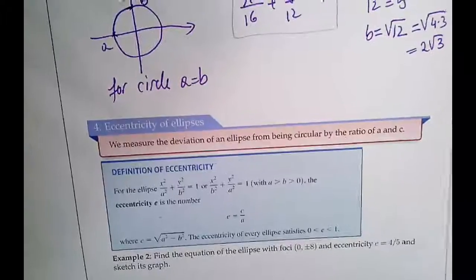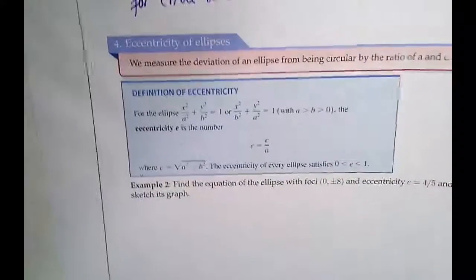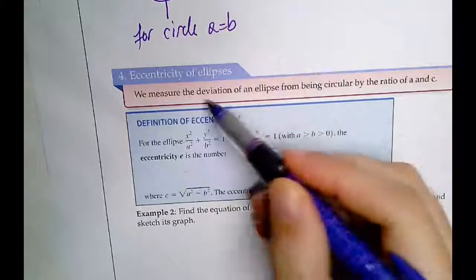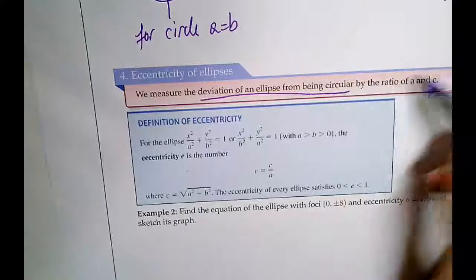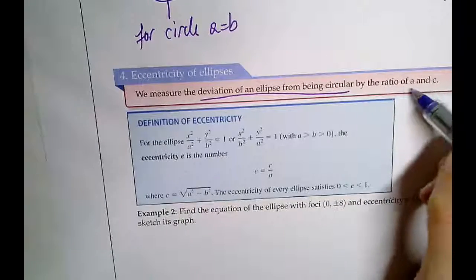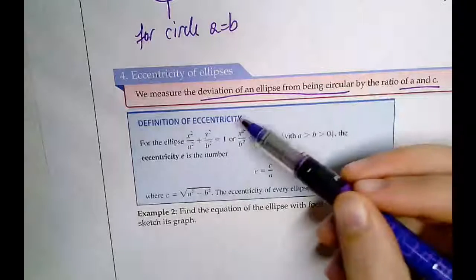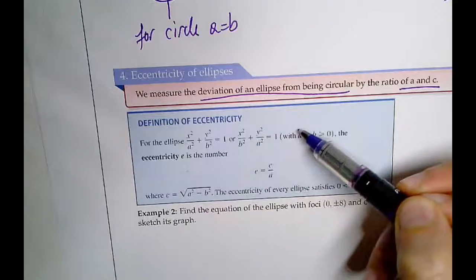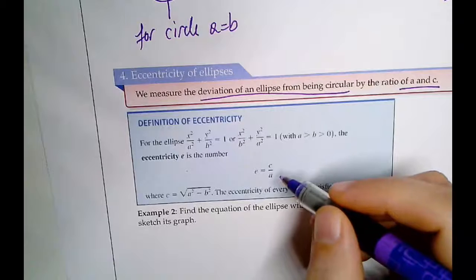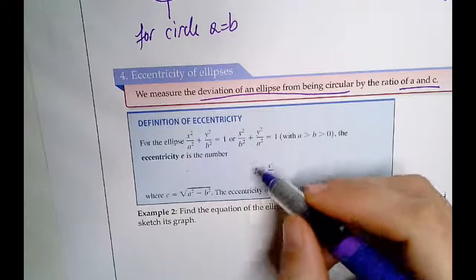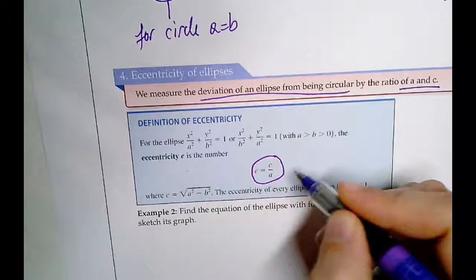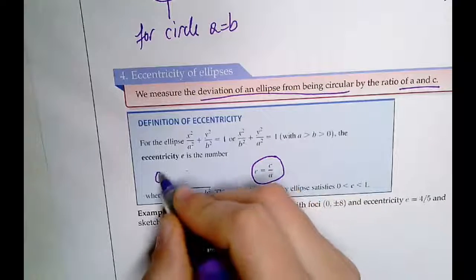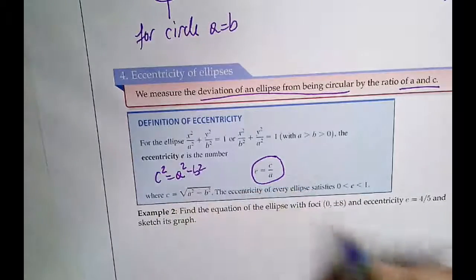So the other piece of information about ellipses is this measure called the eccentricity, and it measures the deviation of an ellipse from being circular by the ratio of A and C. So if you have an ellipse either with the foci on the x-axis or with the foci on the y-axis, the eccentricity is denoted with E and is the number C divided by A, where C is just your regular C that comes from C squared equals A squared minus B squared.